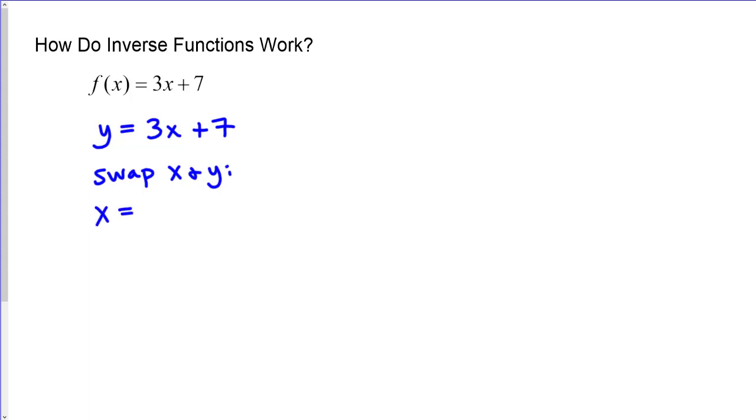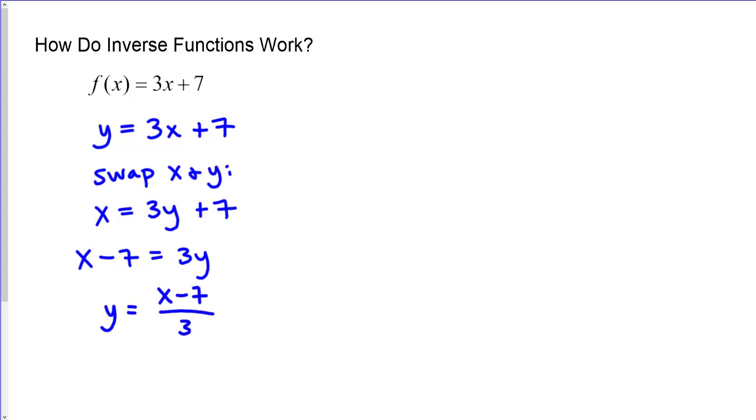So I have x equals 3y plus 7. Solve for y. So x minus 7 equals 3y. Y equals x minus 7 over 3. So that tells me my inverse is x minus 7 divided by 3.